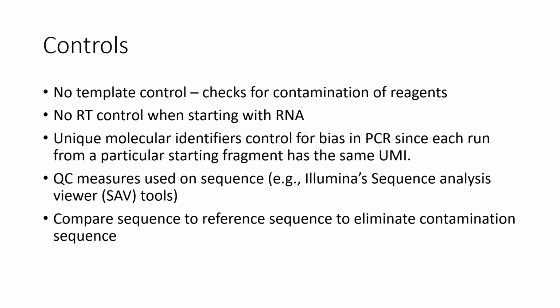Thus, you can tell how many copies of a gene you had initially instead of this being changed by the vagaries of PCR. There are also quality control measures that are used on the sequence, for example, Illumina's Sequence Analysis Viewer tools. And then finally, you can compare sequence to reference sequences and eliminate any sequences that are the result of contamination.